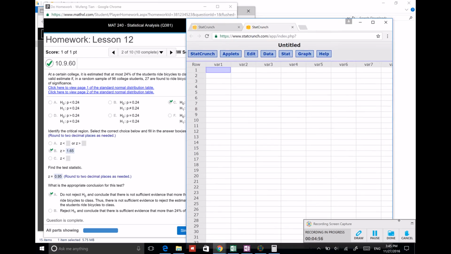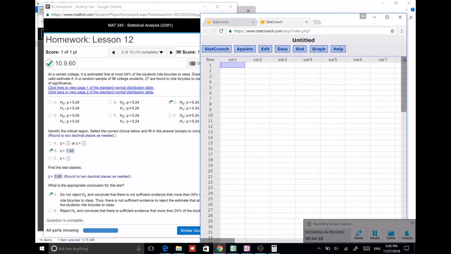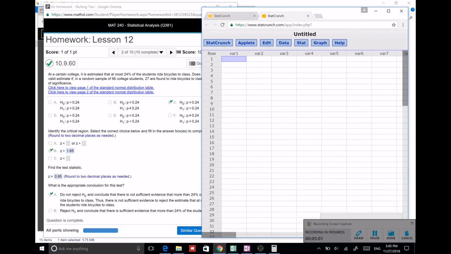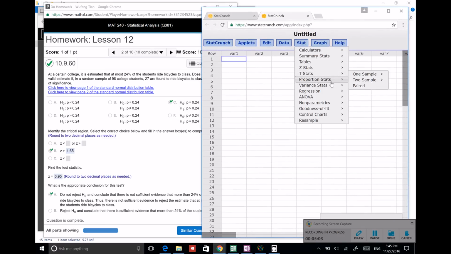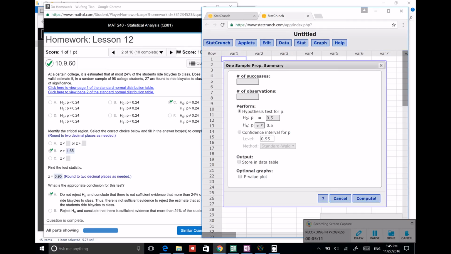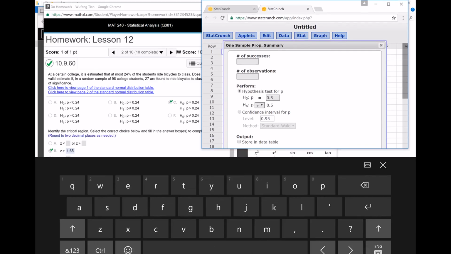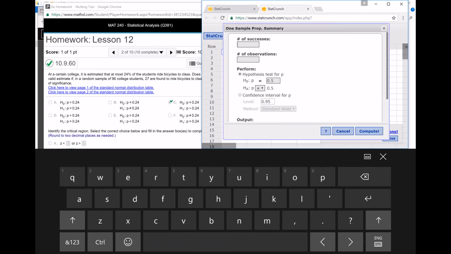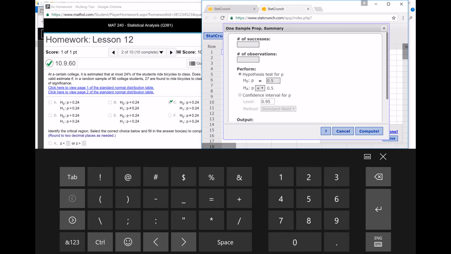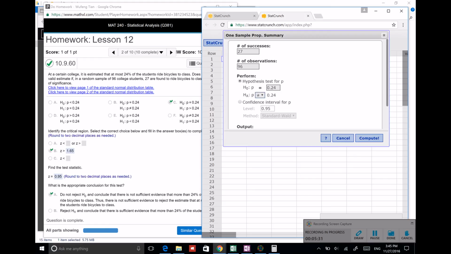Just type in this problem: we go to Stat, Proportion Stats, One Sample, with summary. The number of successes is 27, the number of observations is 96, and the null hypothesis proportion is 0.24, with the alternative bigger than.